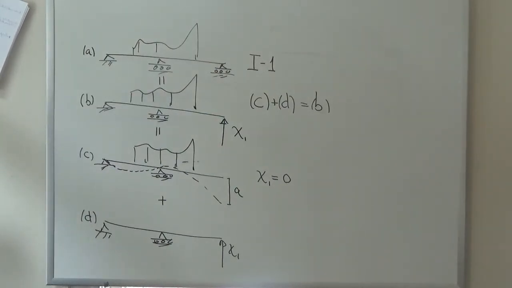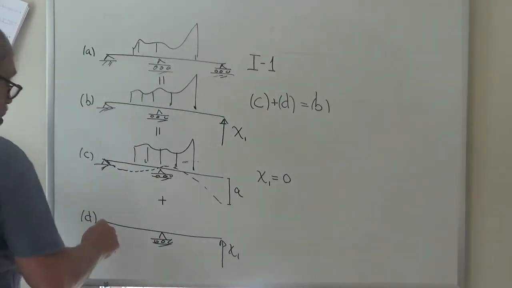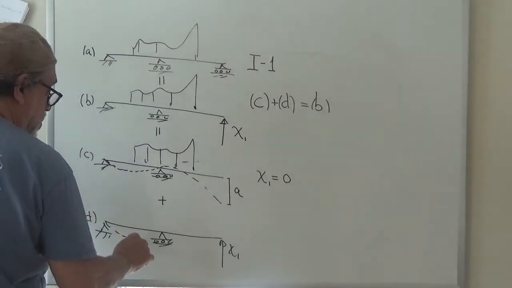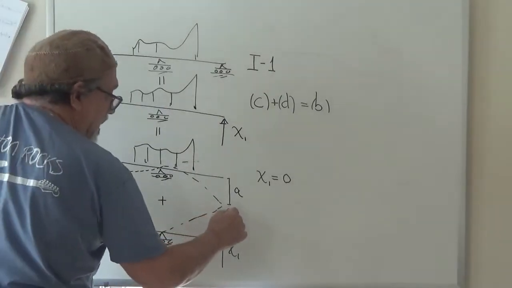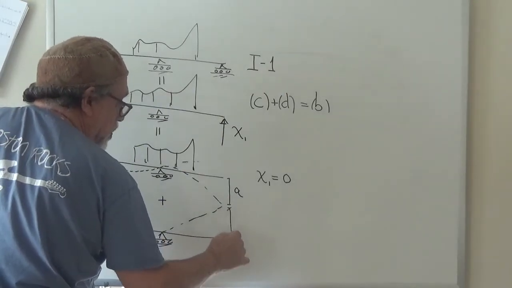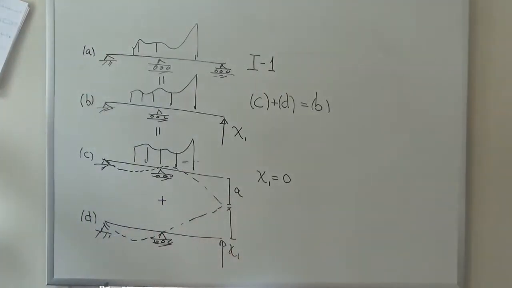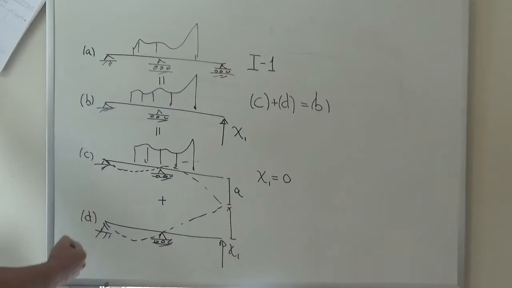Now, in this particular instance, this structure will deform due to some value of x1, let's say like this, right? And this deformation here would be something, right? Now, I'm trying to decide whether to get mathematical or not.